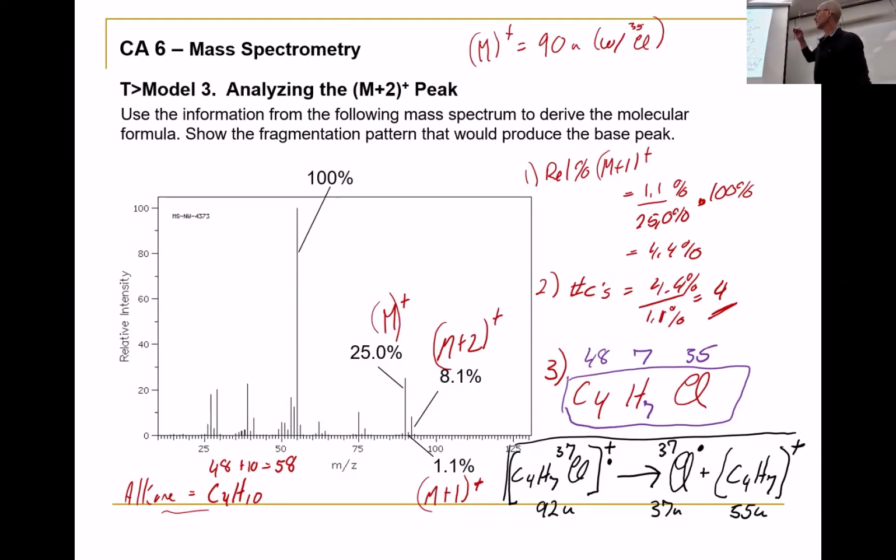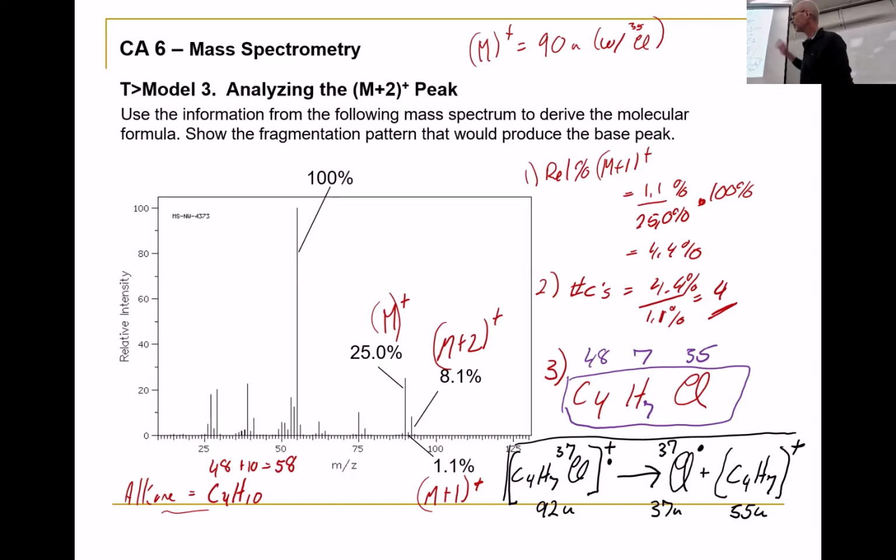And of course, it gives us the mass. It also gives us some additional information. Recall that if it's an even number, then chances are there are no nitrogens in the compound unless there are 2 nitrogens, for instance, or 4 nitrogens. If it's an odd number, then definitely there's a nitrogen in the compound.